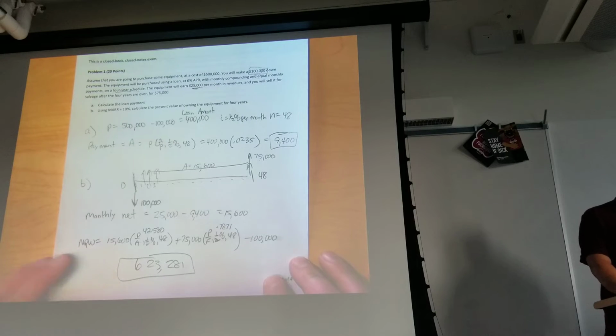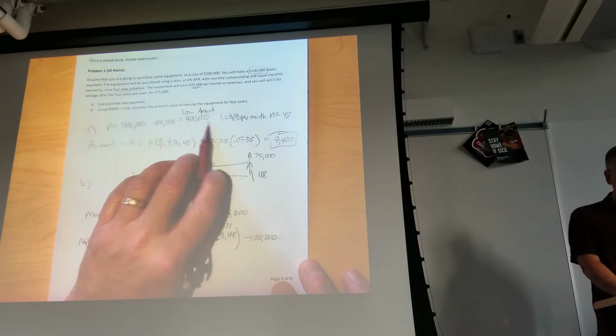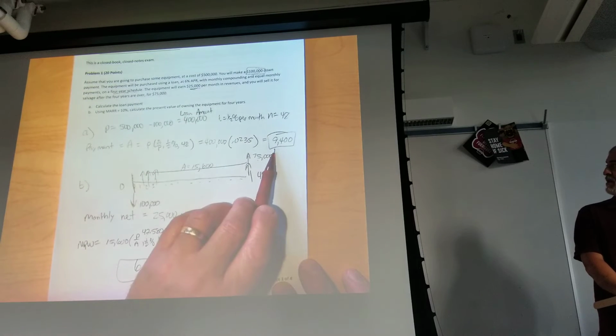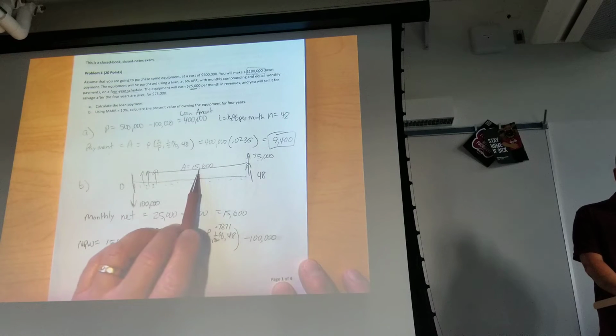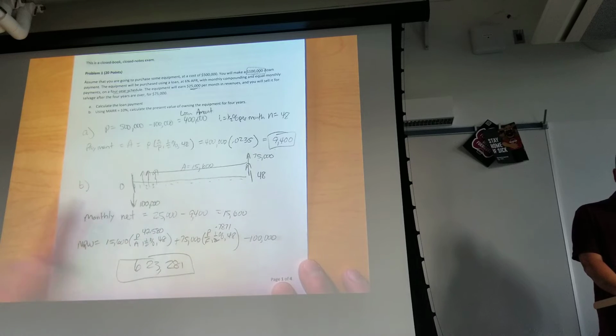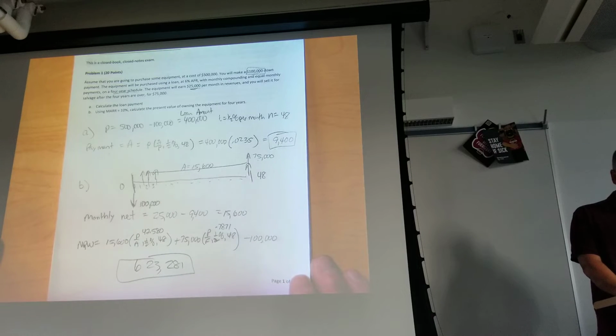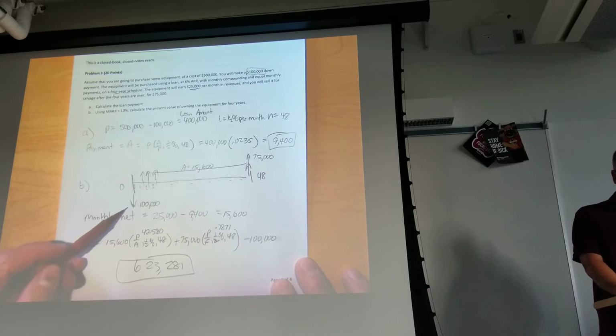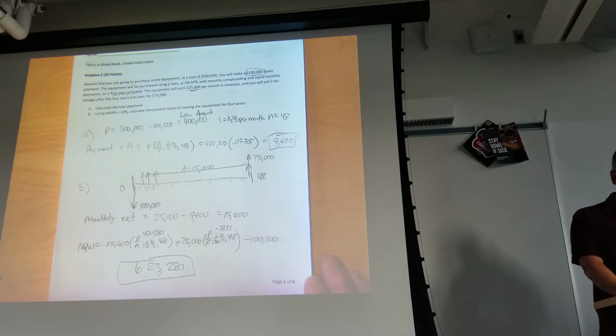Okay, so 2 steps: calculate the payment, incorporate the payment into your monthly income, which is 25 minus the payment, 15,600 for 48 months. Plug that into your cash flow plus the salvage plus the down payment. And then figure out the present worth.